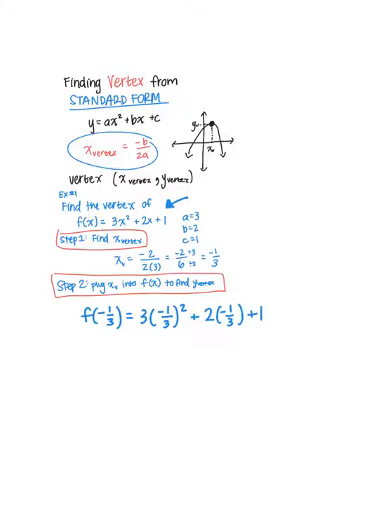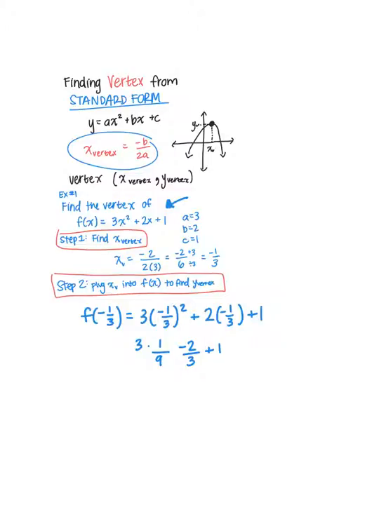So if we remember PEMDAS, we should do exponents first. So this becomes 3 times negative 1 squared, which is 1, over 3 squared, which is 9. So we're going to simplify this. 2 times negative 1 is negative 2 thirds plus 1.